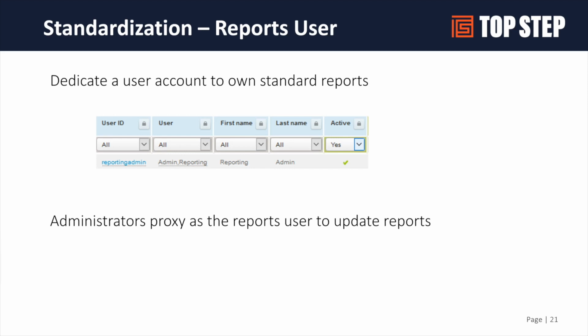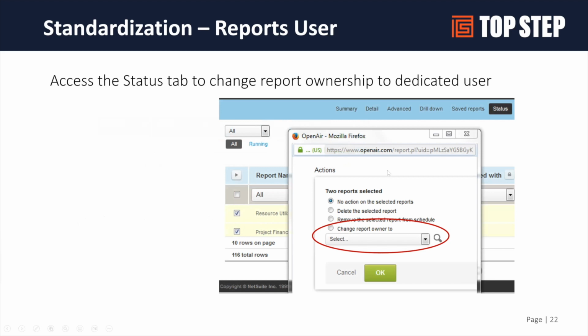And so you can't proxy in as an admin, so you would create a reporting role that gives you all the reporting capabilities in that role. And then people that are allowed to create these corporate-wide reports can proxy in as that reporting admin role, create the report, and make it available to people. So it is another option for keeping reports clean and not making a mess.